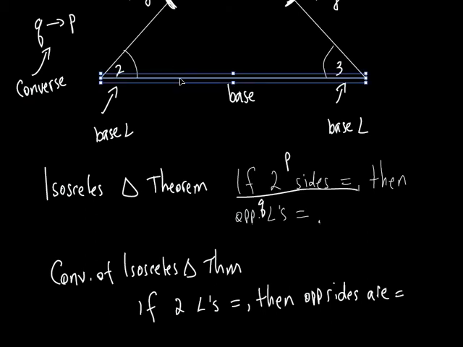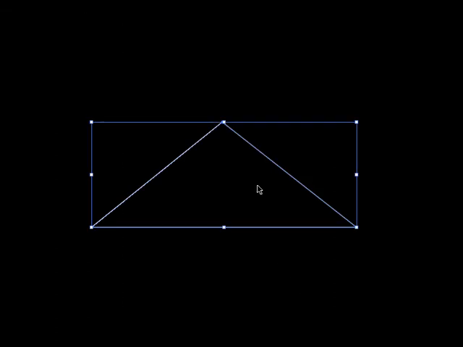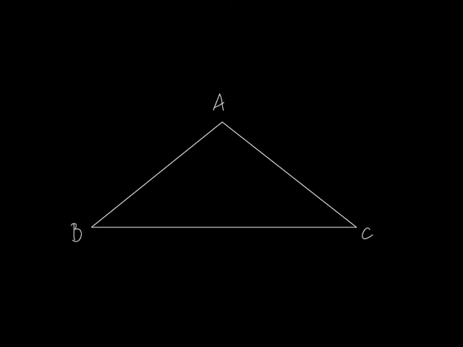So let's ungroup these, so I'm going to have to select them again, group them again, and let's slide this down. So basically it says this. What if I knew, let's call this ABC. Let's say I knew that angle B and angle C were equal to each other. So watch.